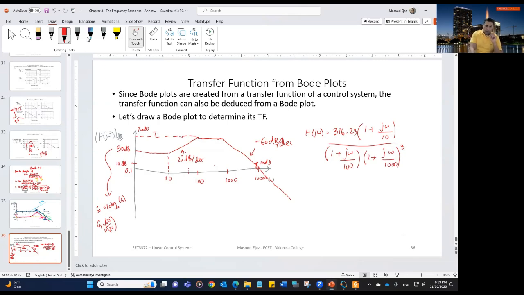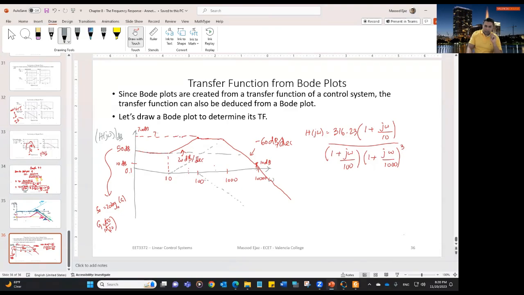Now, if I create the individual lines, that's going to be 50 decibel. There's a 0 starting at 10 with 20 decibel per decade, which will increase this line. There's a pole going at negative 20 decibel per decade. This 0 and this pole will cancel each other, and that's why at 100 it becomes constant at 70 decibel.